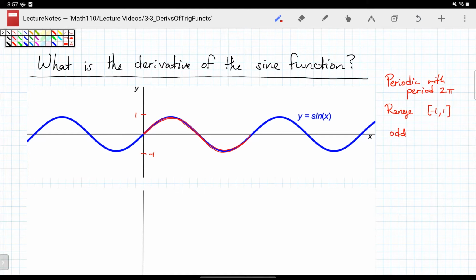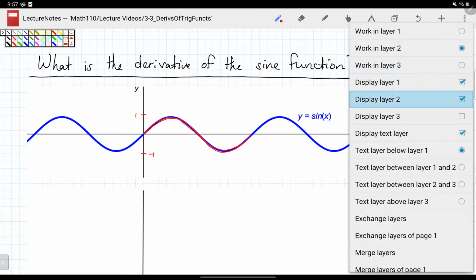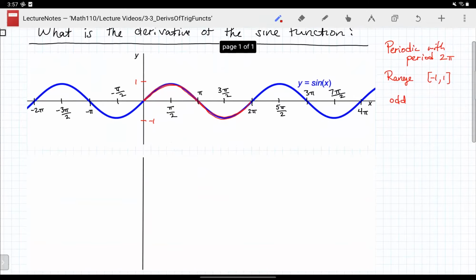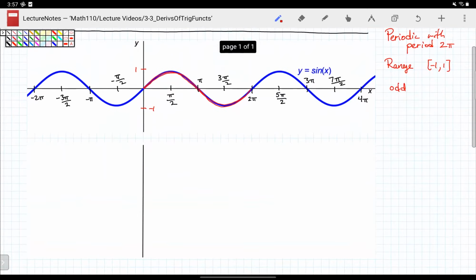We're going to try to sketch a graph of this function, and in order to do so, I'm going to label my key points on the x-axis. So let's do that. And so we have key points every pi/2 units.